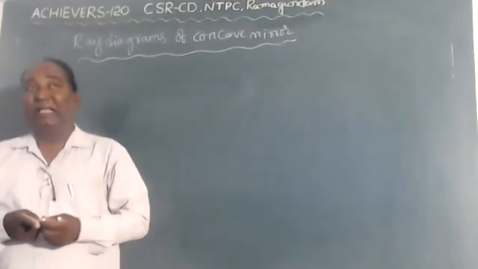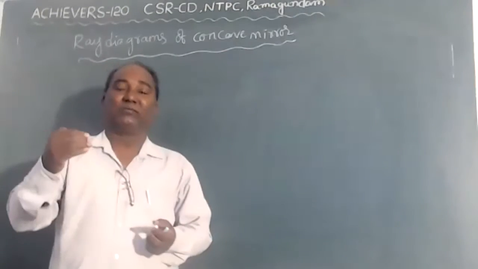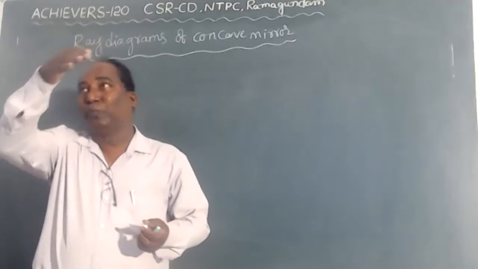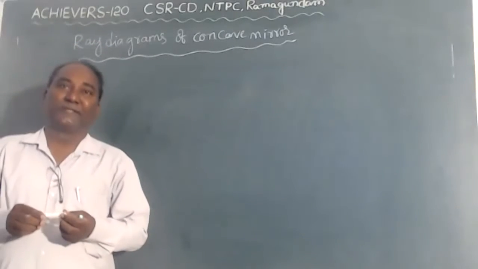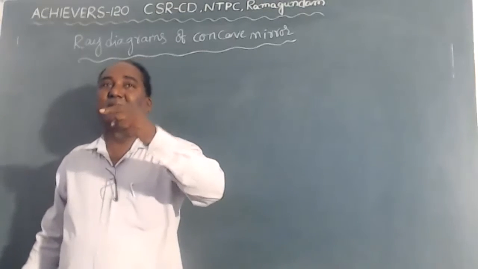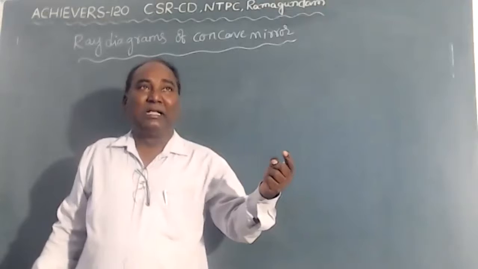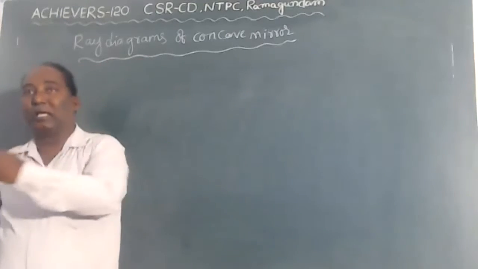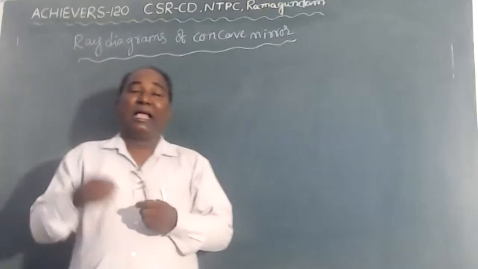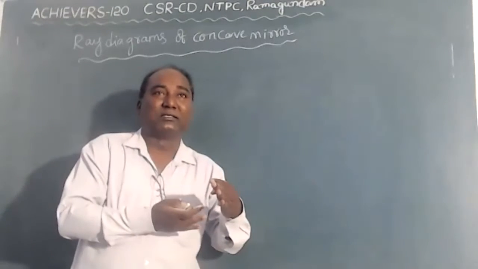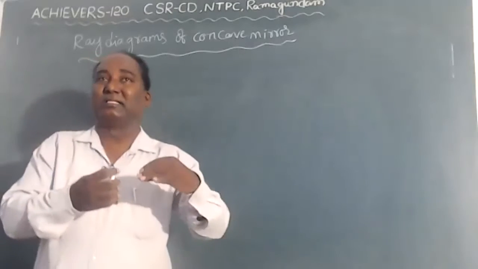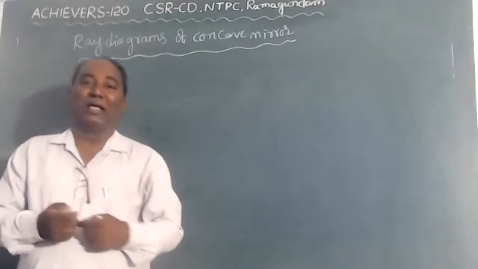First of all, any parallel ray striking a concave mirror is reflected and passes through the focus. It is the first one. And the second one, a light ray passing through the focus, incident on a mirror, the reflected ray is parallel to the principal axis.